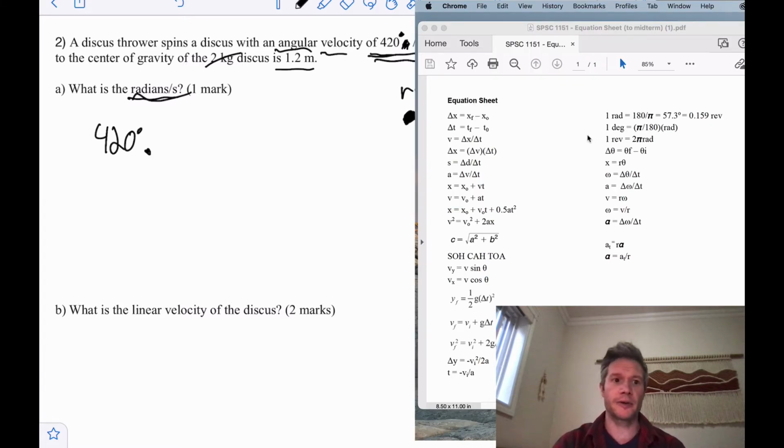So we come on here, we take a look. Okay, we are trying to go from degrees over to radians. So to get to radians, I see 1 degree, which is what we have there, is the same as saying pi divided by 180 rads.